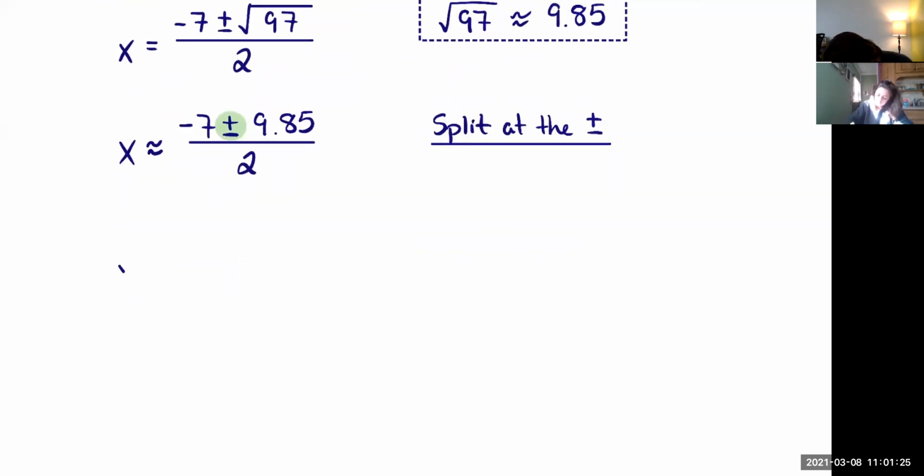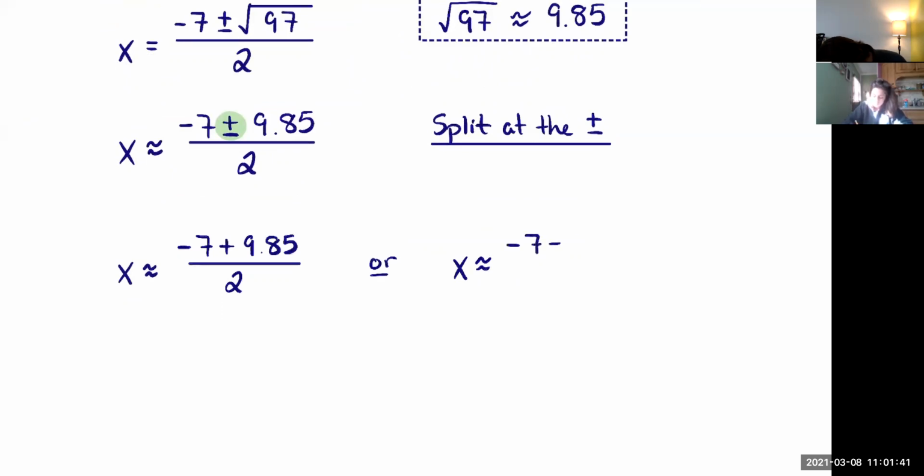So either x is approximately -7 plus 9.85 all over 2, or x is approximately -7 minus 9.85 all over 2.